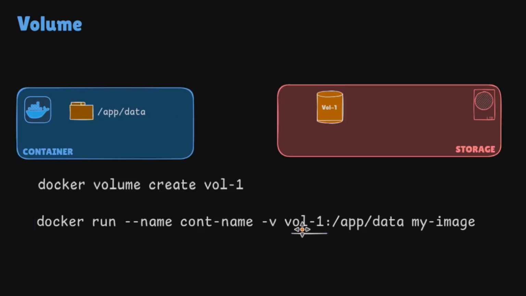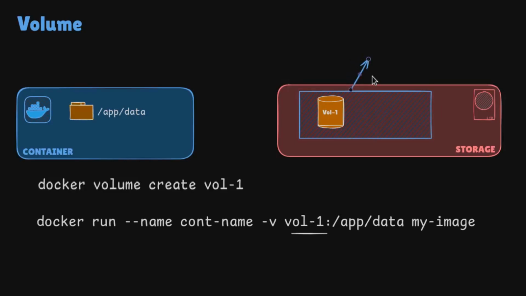Exactly what is this volume? Let us see. This volume is nothing but a folder, but this folder has some properties. It exists in a specific location. This volume folder is created within a specific Docker area, and this area is completely managed by Docker itself.